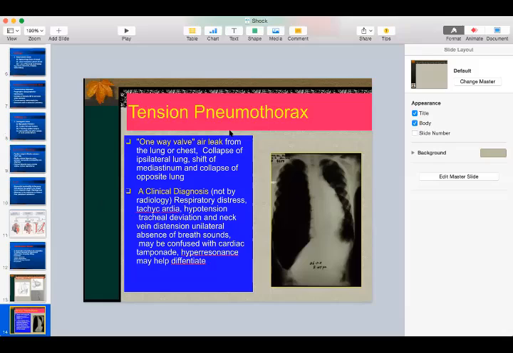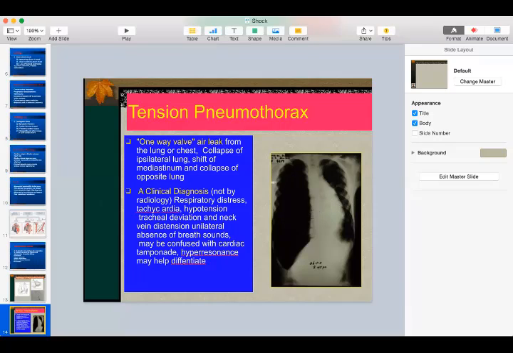Okay, the next one that we're going to discuss is tension pneumothorax, also another form of obstructive shock. Briefly, just looking at this chest x-ray, without looking at the text on the side, you can see the asymmetry, the differences between the right and the left side, which are kind of obvious.